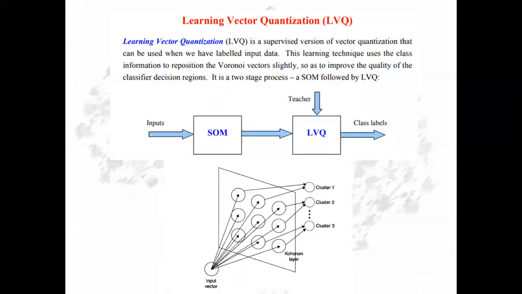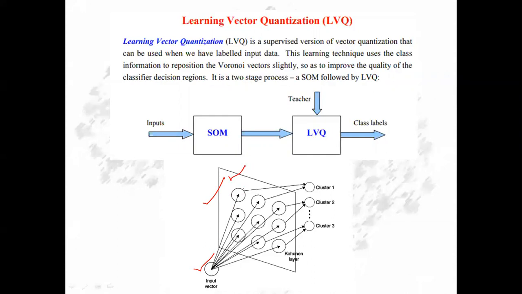The second one is the vector quantization process. It can be better understood using the picture given below, picture number 2, just at the bottom of the screen. In this picture, you may see that there is an input vector from the n-dimensional input space, which is mapped to a finite space using the self-organizing map.